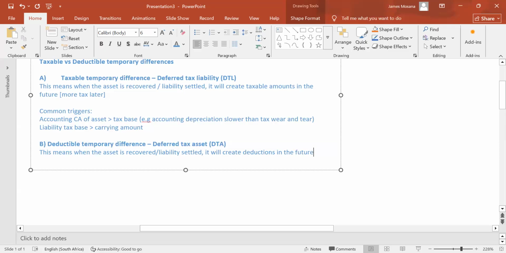It means that you're going to have less tax later.